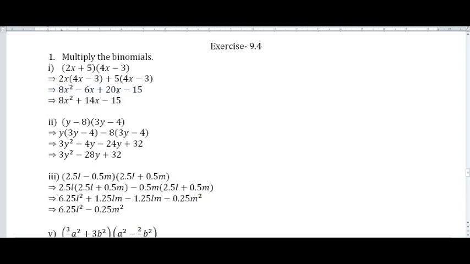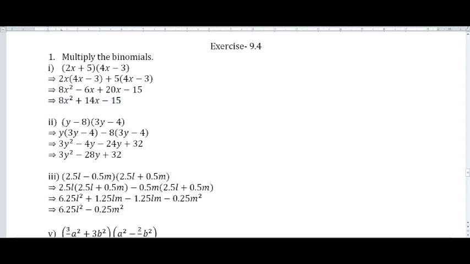Yes, we have to subtract the smaller one from the bigger one. 20 minus 6 is 14, so it will carry x along with it, and it will carry the mathematical sign of the bigger term, that is 20. So we write plus 14x, then minus 15, we write it as it is because it has no other number to subtract or add with it. So that will be the answer.